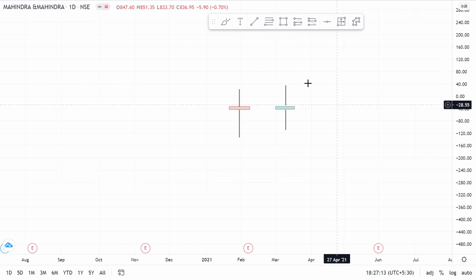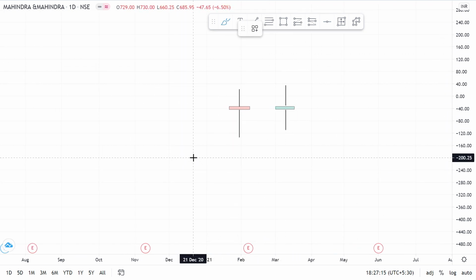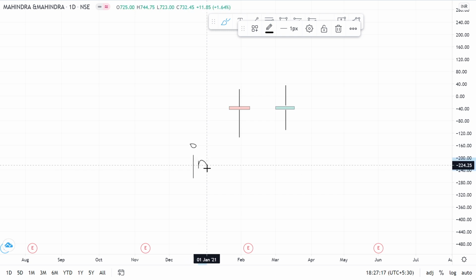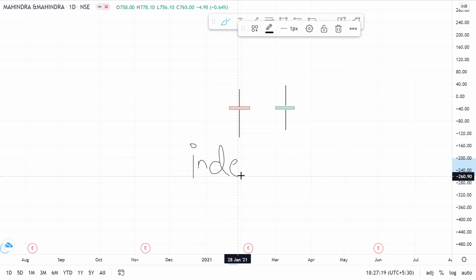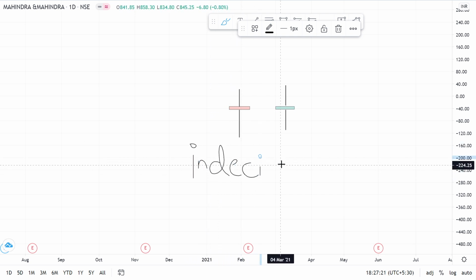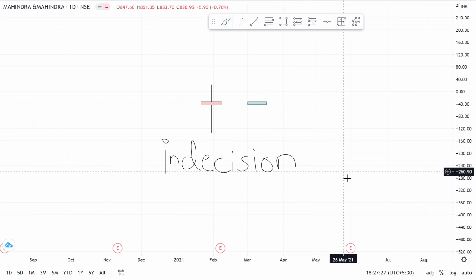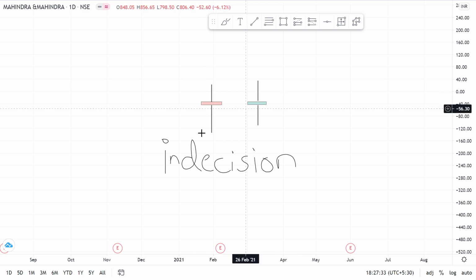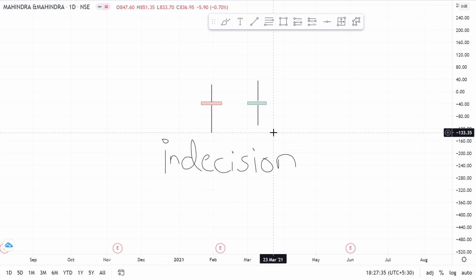So what does a doji signify? A doji signifies indecision in the market, a fight between the buyers and the sellers of the market. So from here the price could either move upwards or downwards, and it is stuck in a range, and the market is confused as to where to move next.